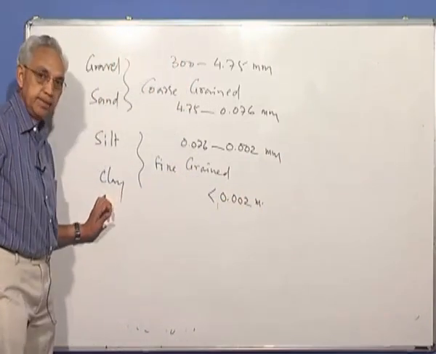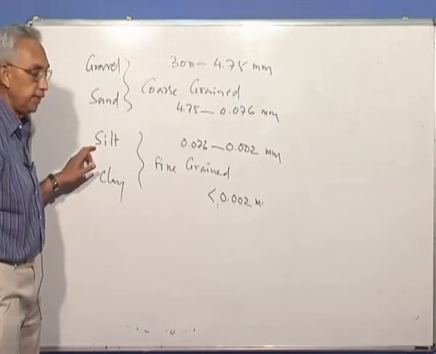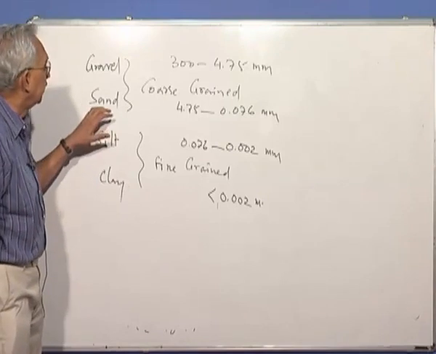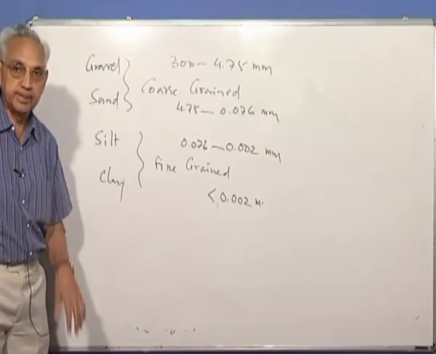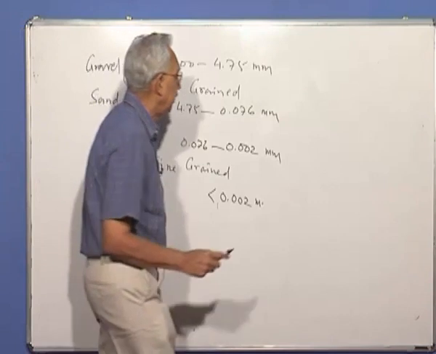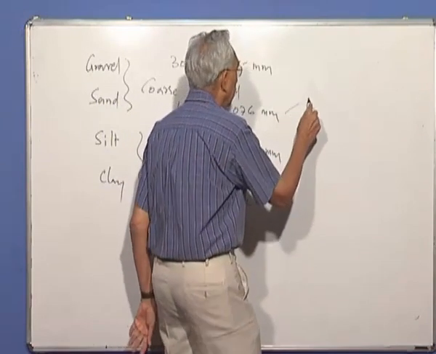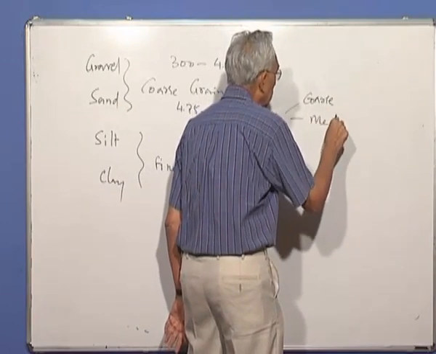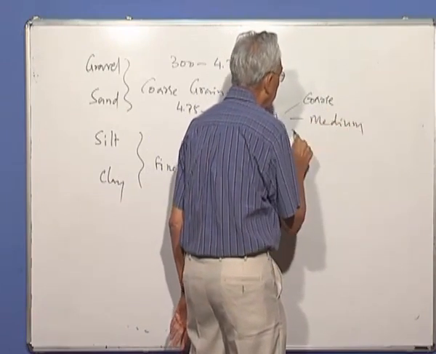This clay doesn't settle at all. Silt is finer than this. It can have silica or any kind of grain. Sands and gravels is what you can see. In this again we distinguish as coarse, medium, and fine sands.